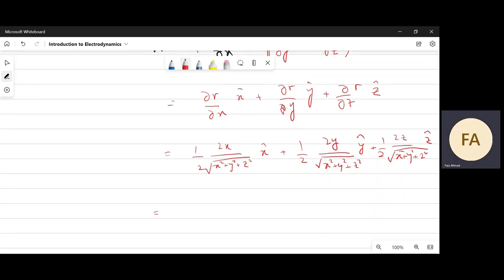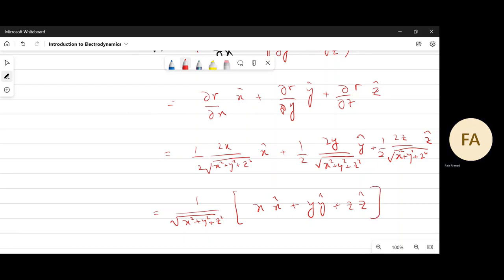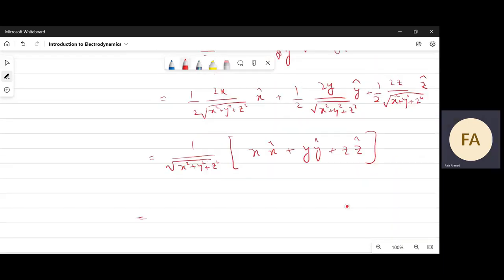So 2 will cancel out with 2, and 1 over the square root of x squared plus y squared plus z squared can be taken out as common, then it will become x unit vector plus y unit vector plus z unit vector. So this is vector r and this is the magnitude of vector r, so it will become unit vector r. So the gradient of r is unit vector r.